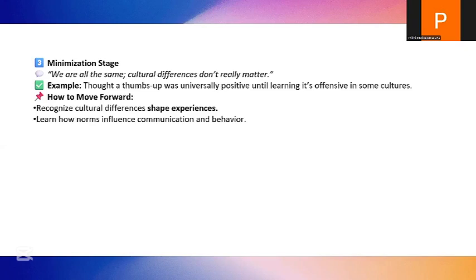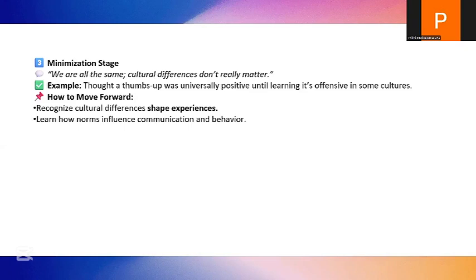And the third stage is the minimization stage. So you think that you are all the same, cultural differences don't really matter. One example, you can think that thumbs up is universally positive, but it can be very offensive in some cultures, right? So in this minimization stage, you cannot stop there.